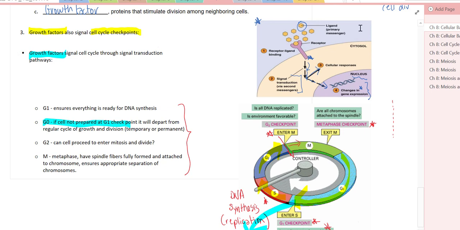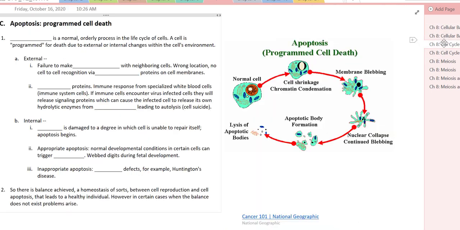So moving on to the next page is a look at the cell cycle and how the cell cycle relates to the death of the cell, and in fact is programmed within the DNA itself as well.